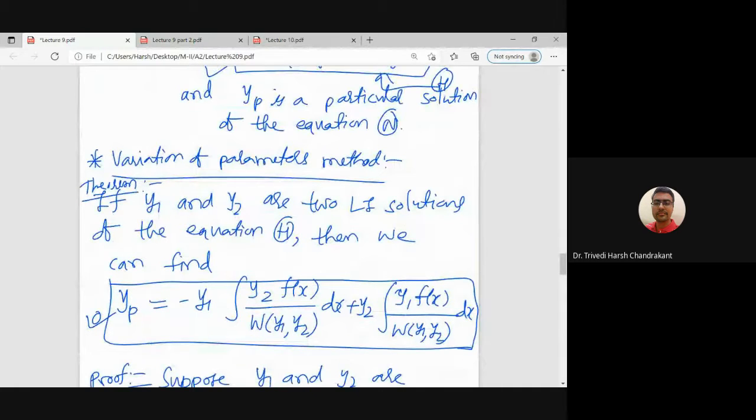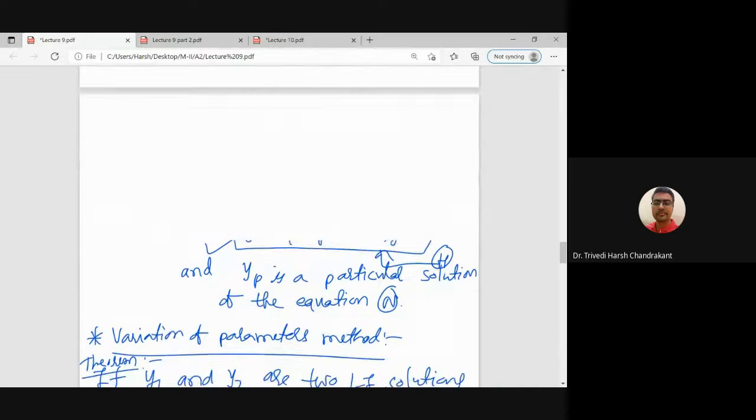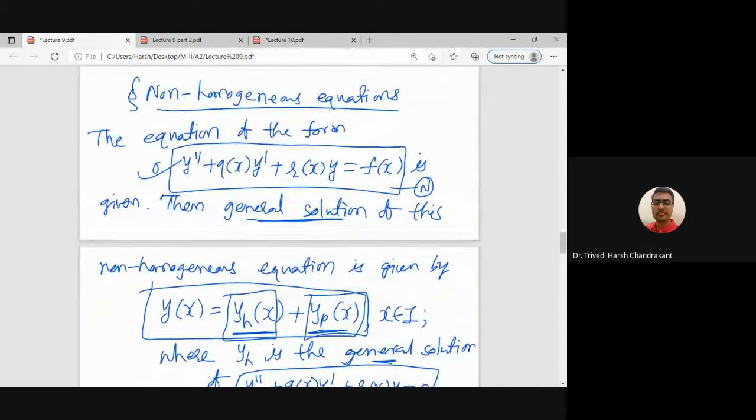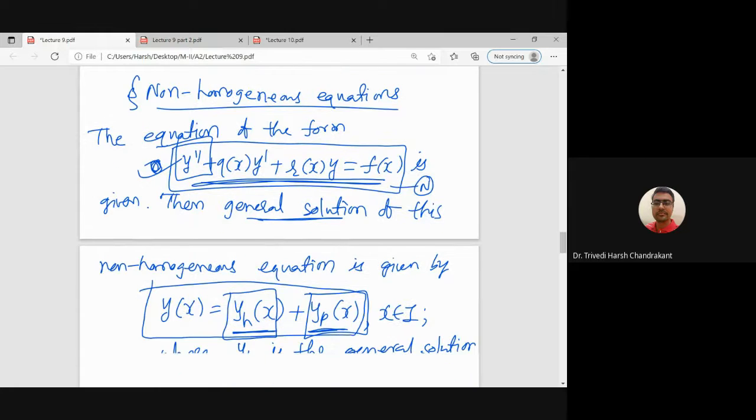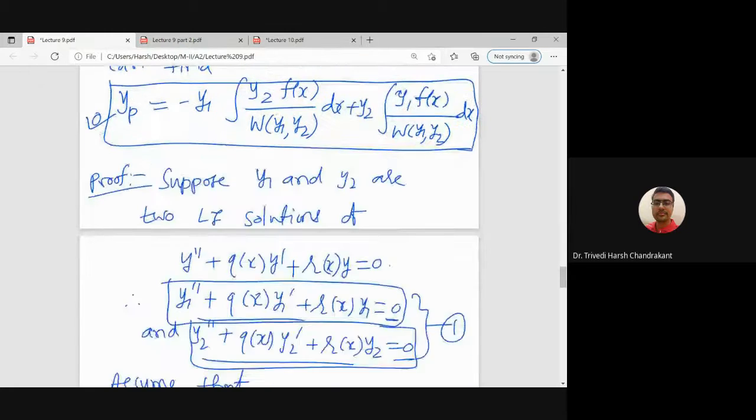So what we have done in this variation of parameter method is essentially we solve this equation, and in this equation the coefficient of y double dash is 1. Right. So when we solve the non-homogeneous part, we always convert the equation in this form by making the coefficient of y double dash 1, and then we apply this method.